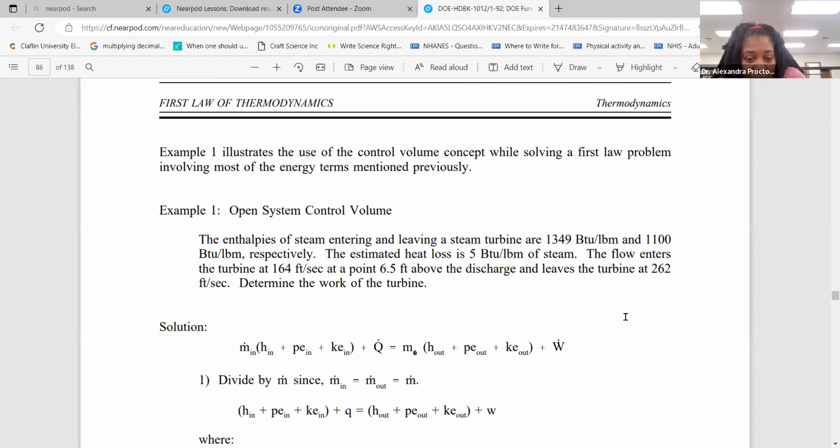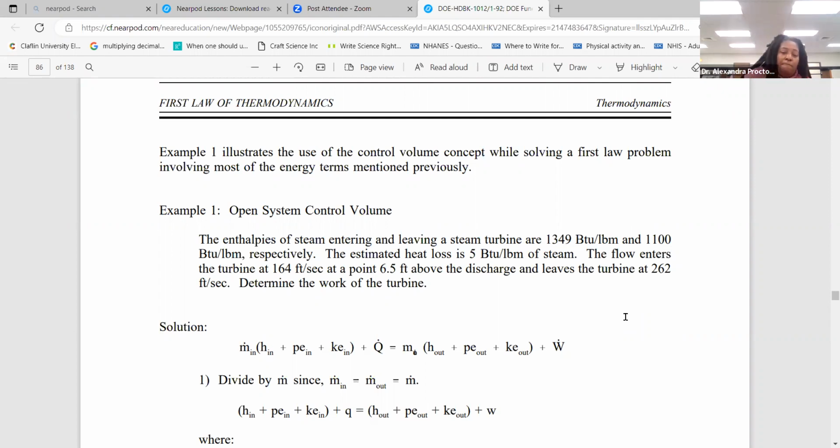The equation that will help you solve this problem is m in times (h in plus PE in plus KE in) plus Q equals m out times (h out plus PE out plus KE out) plus W.